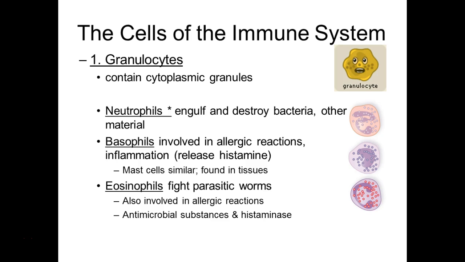Well, eventually that needs to stop, right? So the eosinophils are kind of the regulators. They'll actually destroy excess histamine with an enzyme called histaminase. And they have other antimicrobial substances, so they're helpful with certain types of infections, especially, like I said, the parasitic worms.